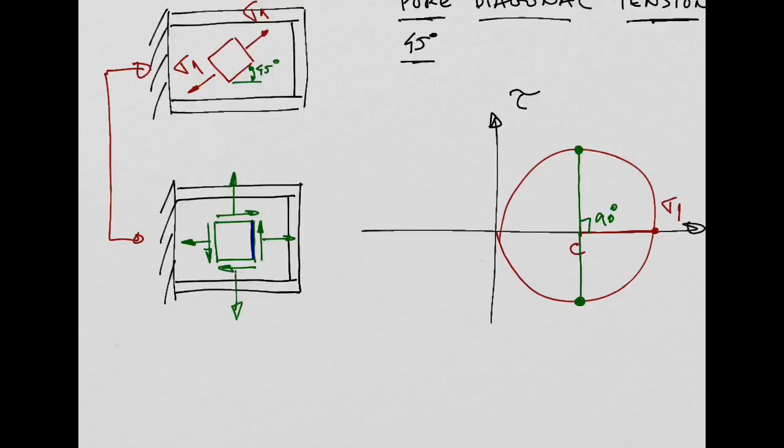I'm going to represent this one in blue and this one in red. Yeah? So maybe I can change the color of those points. This one in blue is going to be this one here at the bottom. That one in red is going to be this one here at the top. Okay? Now let's start with the one in blue.